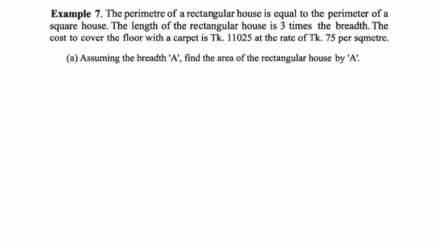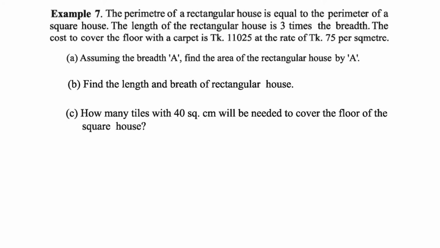Then, assuming the breadth A, find the area of the rectangular house by capital A. And the second question, find the length and breadth of the rectangular house. And the third question is how many tiles of 40 square centimeter will be needed to cover the floor of the square house. Well, this seems to be a nice question, and it's a pretty good question.